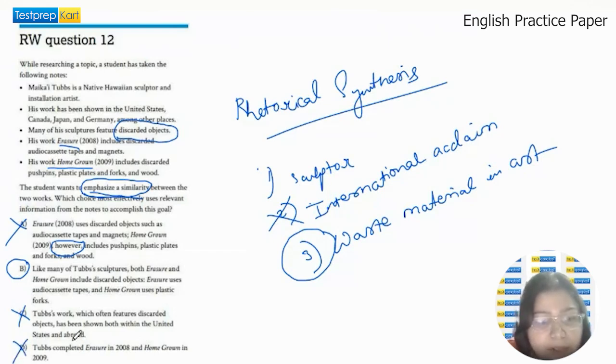We want to know how they are similar. So B is the correct answer because both of them, Erasure and Homegrown, include discarded objects. There's a colon, which tells us that the next sentence explains how they use discarded objects. Erasure uses cassette tapes and Homegrown uses plastic forks.